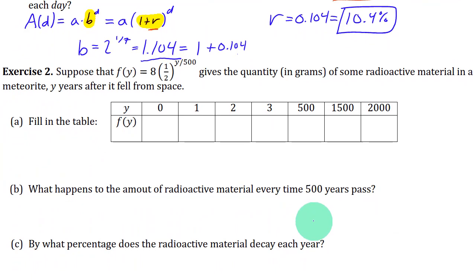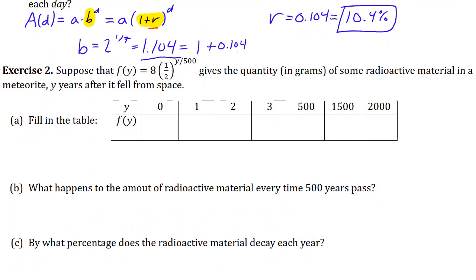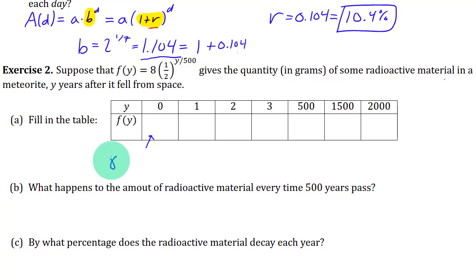Right, so exercise 2 is sort of the same idea, except this time we've got the quantity in grams of some radioactive material in a meteorite y years after it fell from space. So plugging in these numbers here, when you plug in y equals 0, we're going to have 8 times 1/2 to the power 0 over 500, which is just 1/2 to the power 0, which is 1.